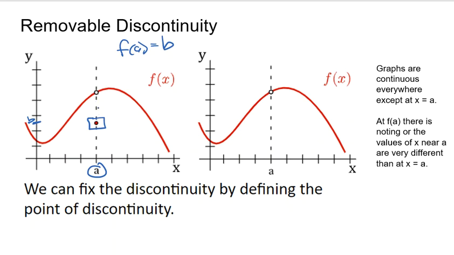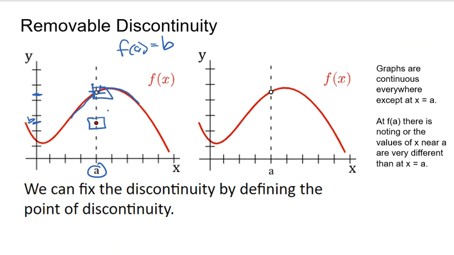But something weird is going on there. Notice this now, and this is where you've got to really understand. As I approach a from the left, if I get closer and closer to a from the left, I'm way up here at some different value. And as I approach a from the right side, I'm again up here at this different value. We actually call this a displaced point. I literally took a point that looked like it was supposed to be up here, and I just moved it.